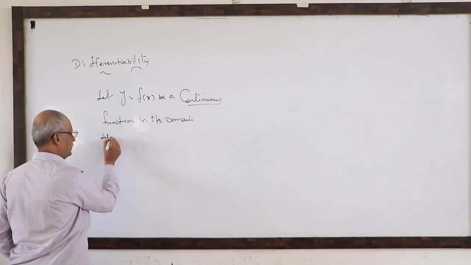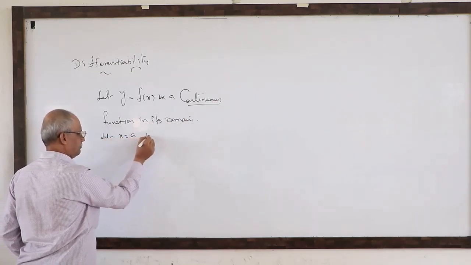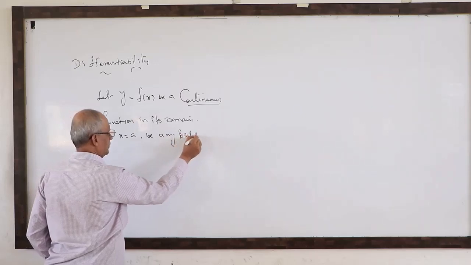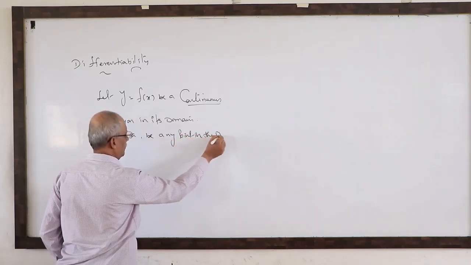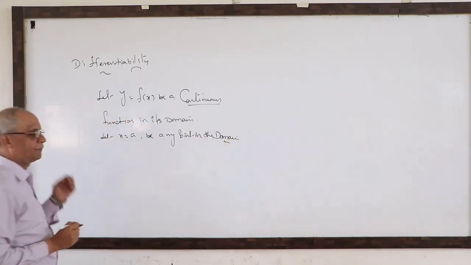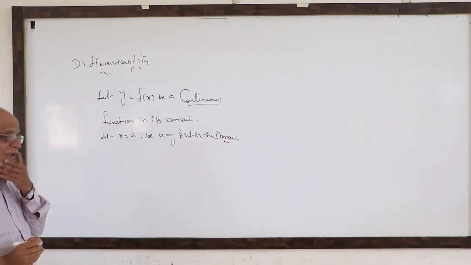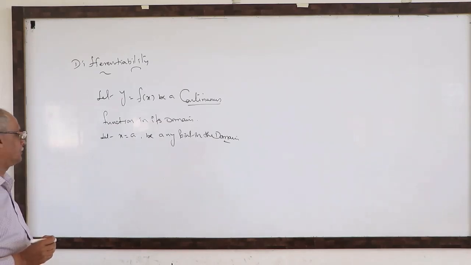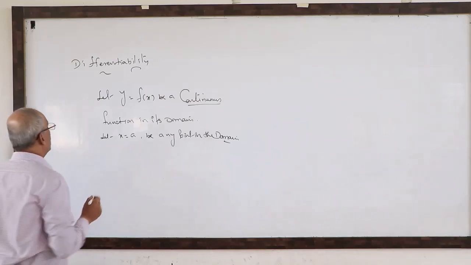Let x equal to a be any point in the domain. Point means value, x value. Because it is continuous, for every x there exists y. Therefore, it is continuous at the x value a.